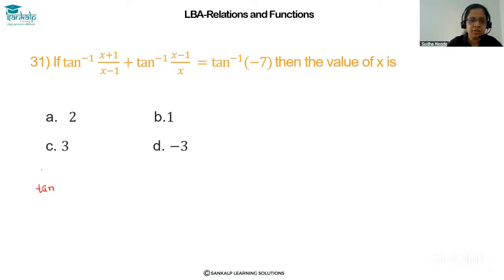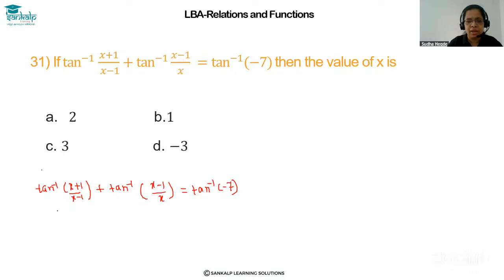Tan inverse of (x plus 1) divided by (x minus 1) plus tan inverse of (x minus 1) divided by x, that is equal to tan inverse of minus 7.